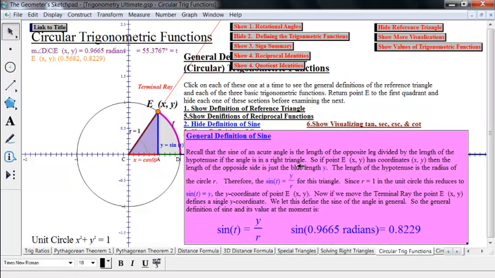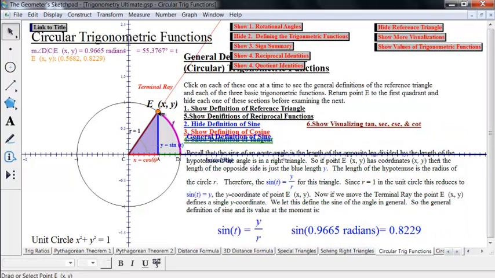So notice that the sine is just the y value here, or more generally y over r, if this circle had a larger radius but centered at the origin. But since r is 1, the sine of this angle is just this y value. Notice the cosine is the x, and the tangent is y over x.